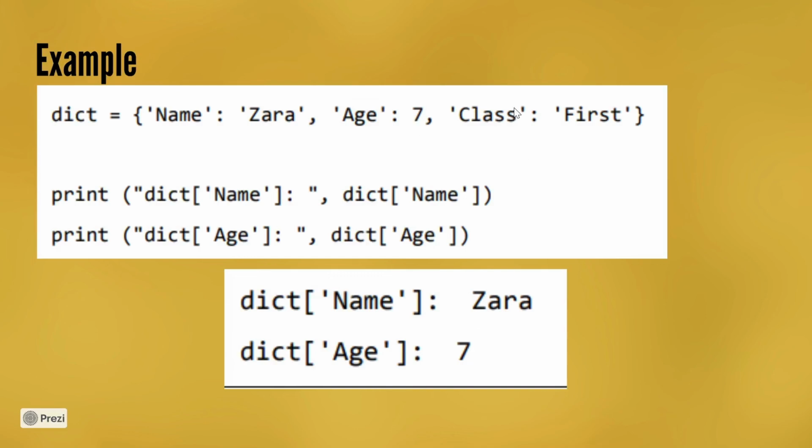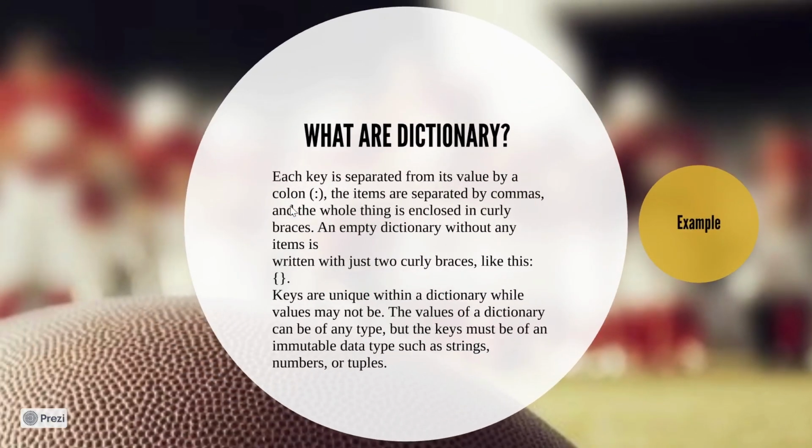Similarly, if I want to print the class of that dictionary, it will print first. This is how dictionaries work, and to access values in a dictionary we use square brackets. To remember this: to build a dictionary we use curly braces, but whenever we access a dictionary we use square brackets. So that's all about the dictionaries that we have.